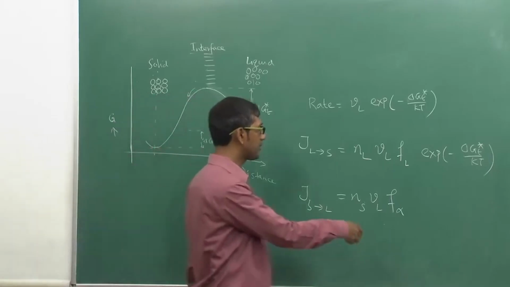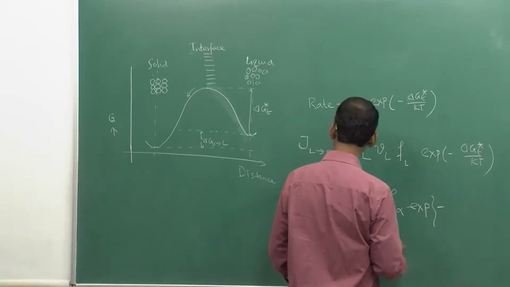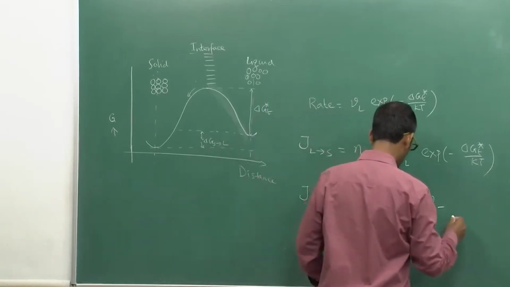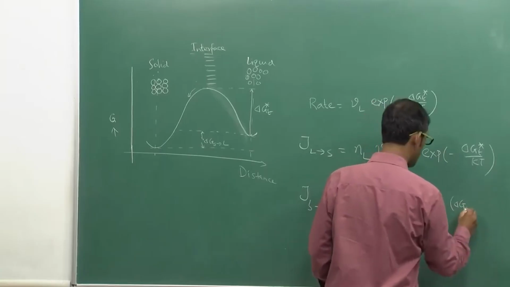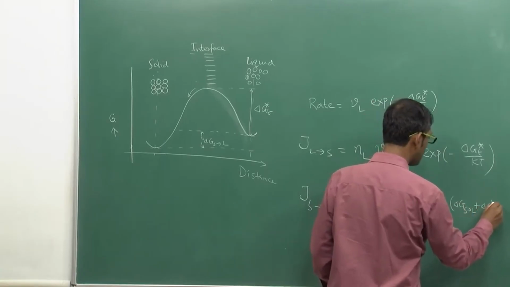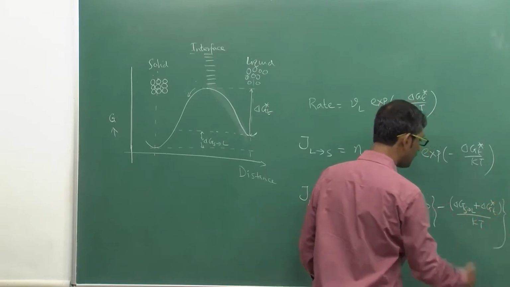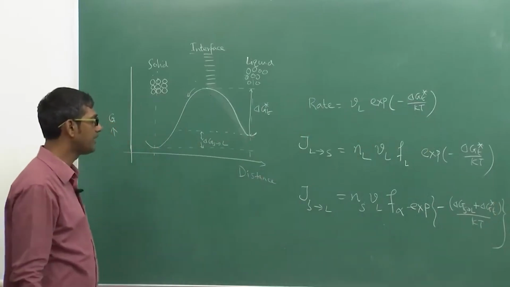So that fraction has to be multiplied, but this will be a different exponential, because the barrier now is this plus this together. So we have to write delta G solid to liquid plus delta G star T, divided by KT. Everything here is on a per atom basis, therefore there is no need of dividing by that.